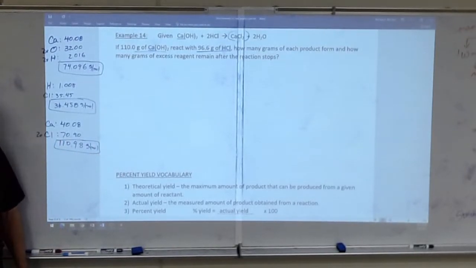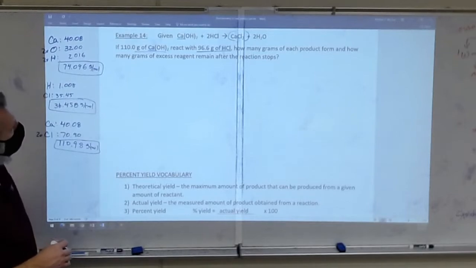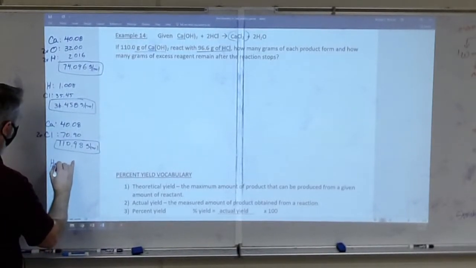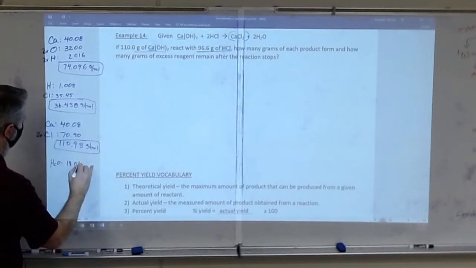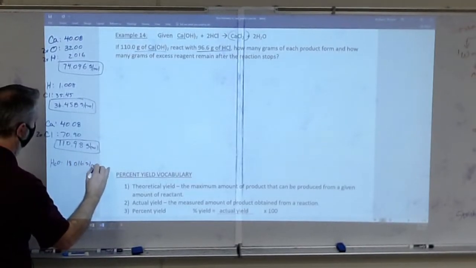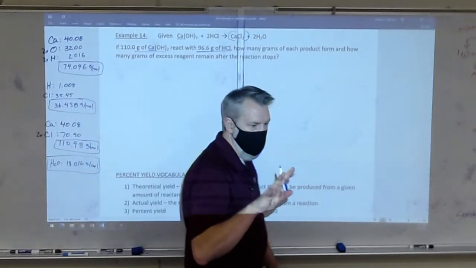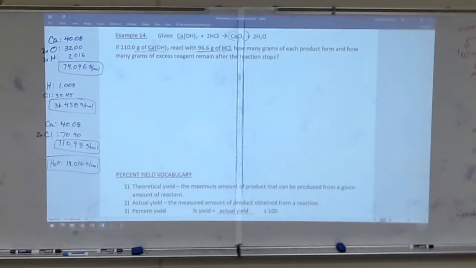Did everybody get that? I also need the molar mass of water, but we know that. I need molar mass on all of these because I've been asked for grams. Thankfully, I already gave you the balanced equation, so you're in good shape there.